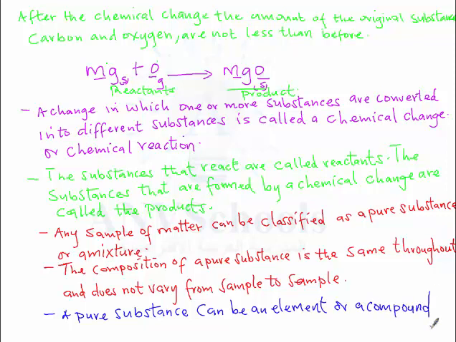So when we are looking at carbon dioxide, it is a pure substance. When we look at water, it is a pure substance. And when we look at other examples, they are pure substances.